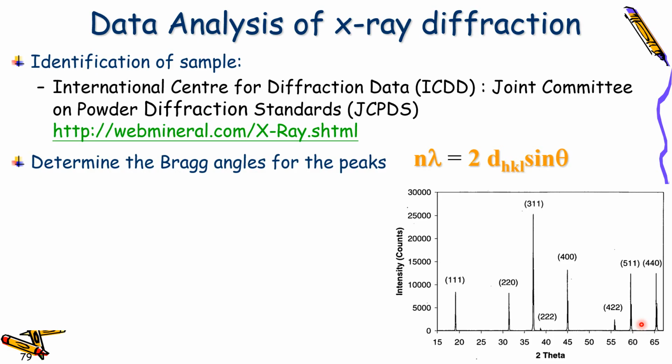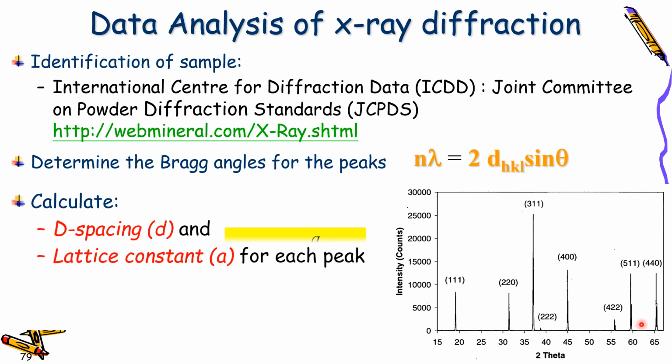So determine the Bragg angles for the peaks. Use this equation, and once you have this, you know this is 311, right? If you know the d here, because lambda you know and theta you know, you can calculate d.